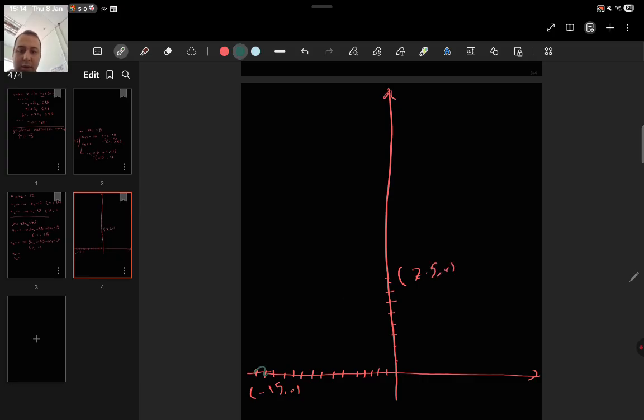Okay, choose another color for this line. This will be our line, which is minus x1 plus 2x2 less than 15.